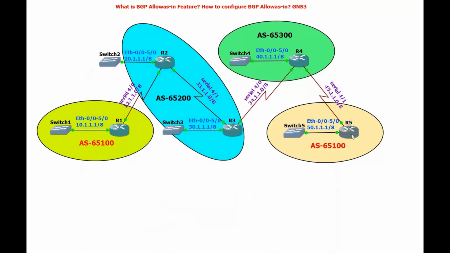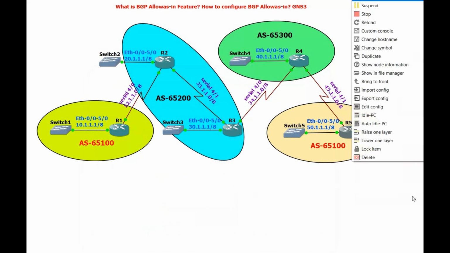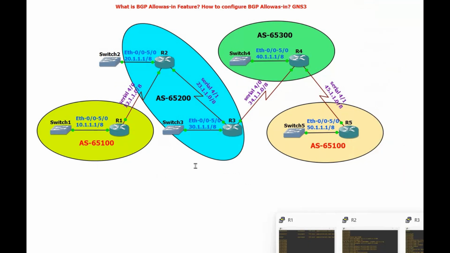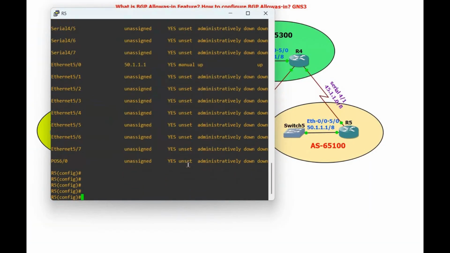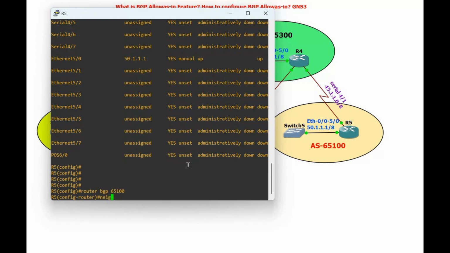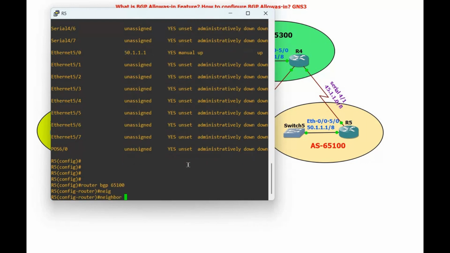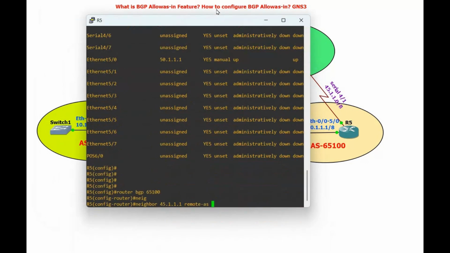Now we configure BGP on router 5. Router BGP AS is 65100, and we have the neighbor 45.1.1.1, and the remote AS is 65300.